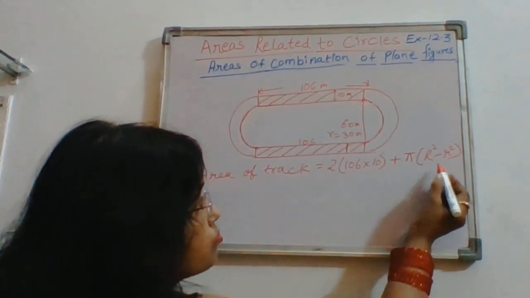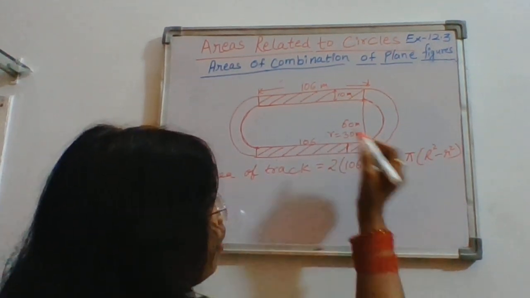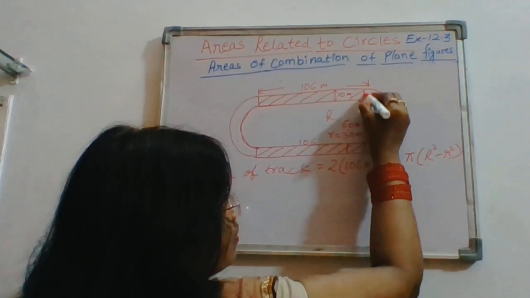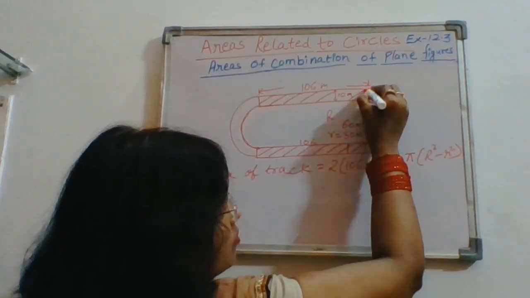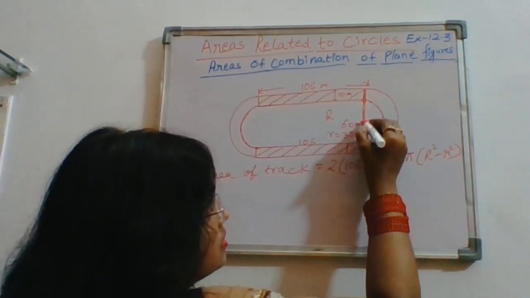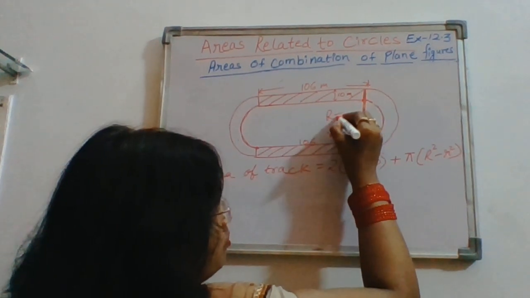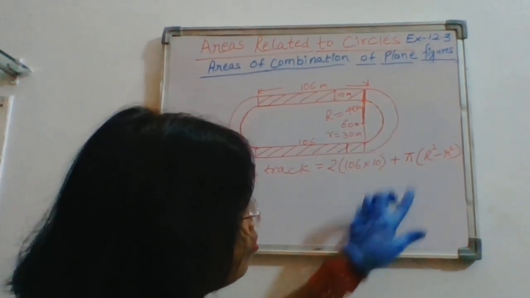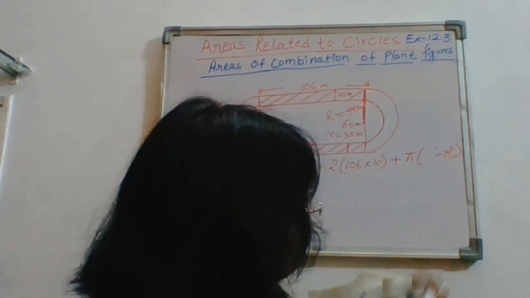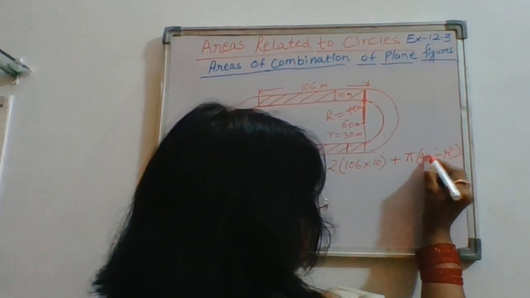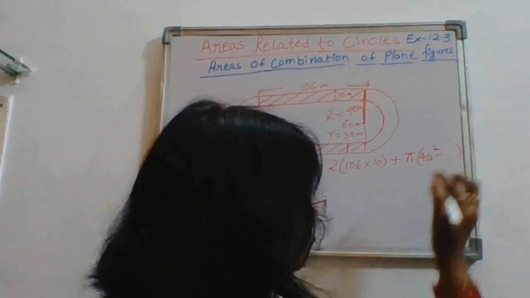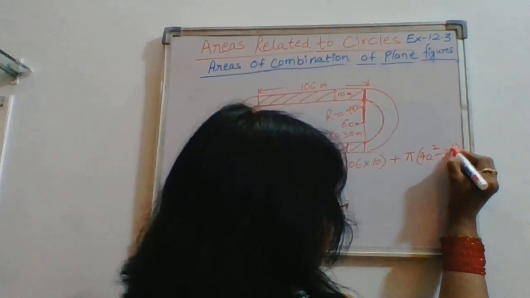And what is small r? 30. What is capital R? Here this will be the radius of the bigger circle. So this is 30 plus 10, so it will be 40 meter. So this R is your 40. It is 40 square minus small r is your 30, so this is 30 square.